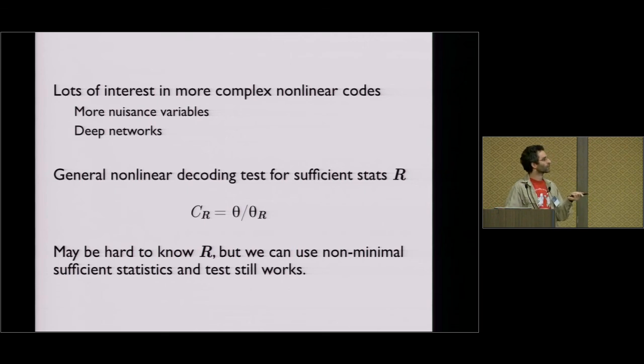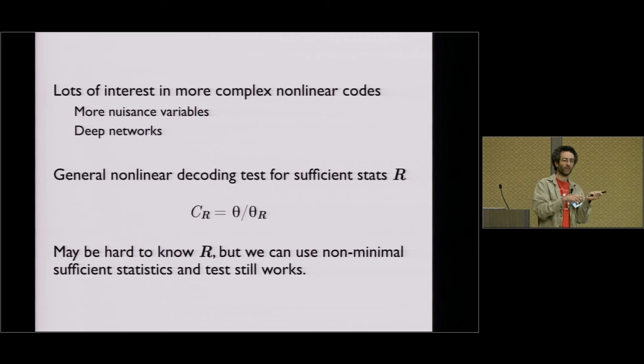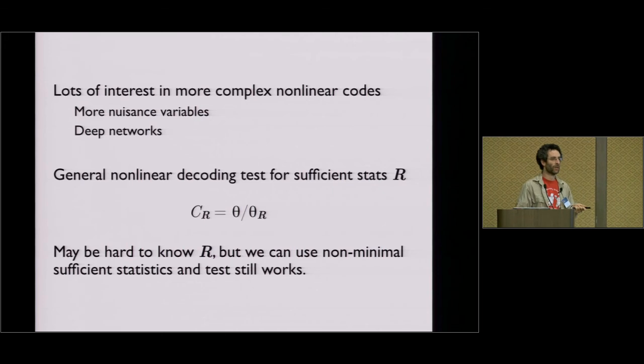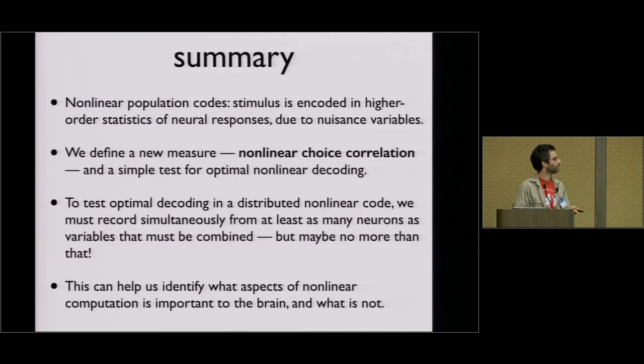And then we can construct a general nonlinear decoding test given some sufficient statistics for this task of interest, where the choice correlation for some subset of neurons, you have a distributed code, you're only going to pick out some of those neurons at a time. The threshold for that subset is going to tell you how much you can predict the choice. And it might be hard to know R, but there are ways to use other kinds of sufficient statistics to test whether this brain is using things optimally given what it's got in terms of sensory information.